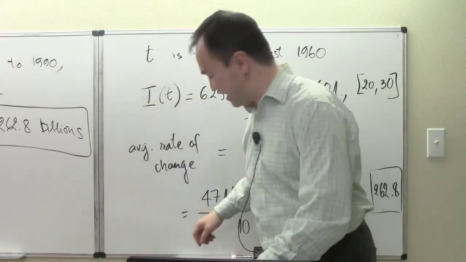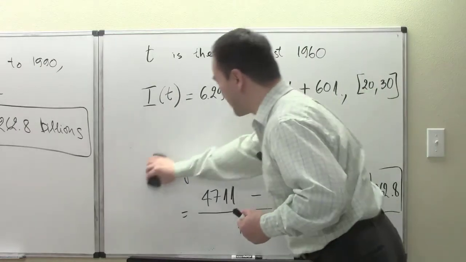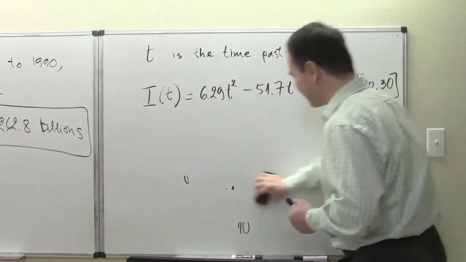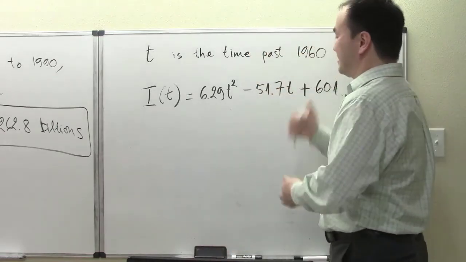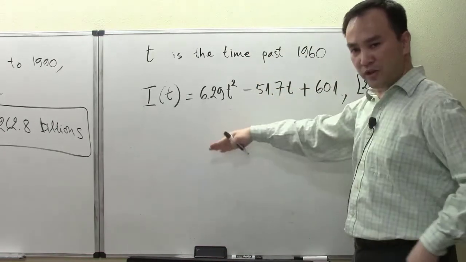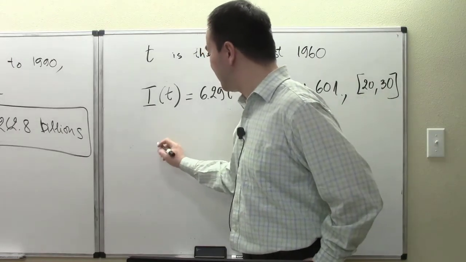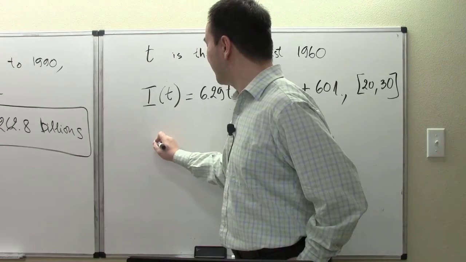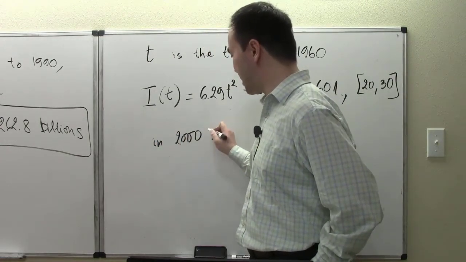So now I am going to start erasing the work for part A here, but retaining most of that structure. Now we want to find the instantaneous rate of change in the year 2000. See, this is what I was saying earlier.